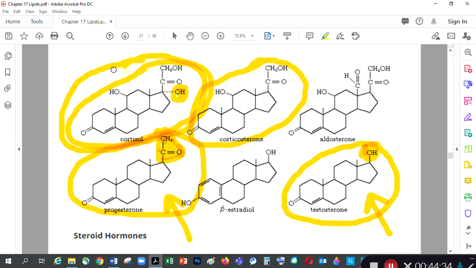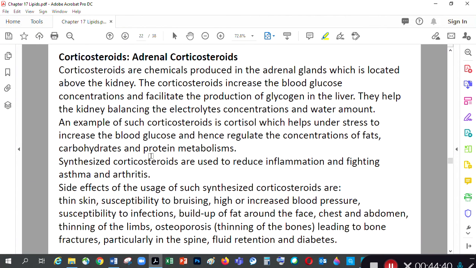You can see the four fused rings are still there, the steroids. And as I said, for example, cortisol helps to minimize stress, increase the blood glucose, and regulate the concentration of fats, carbohydrates, and protein metabolism.